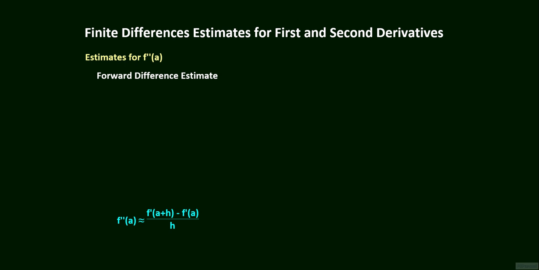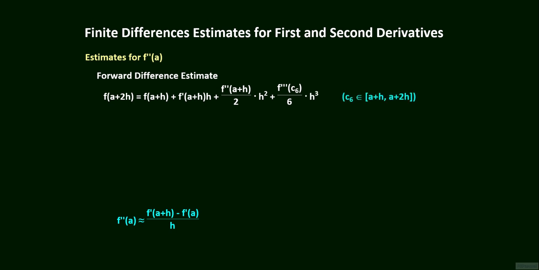We apply the Taylor series formula for f of a plus 2h, using x equals a plus h as the base x value, so that f of a plus 2h equals f of a plus h plus f prime of a plus h times h plus f double prime of a plus h divided by 2 times h squared plus the error term f triple prime of c sub 6 divided by 6 times h cubed. C sub 6 is a value between a plus h and a plus 2h.